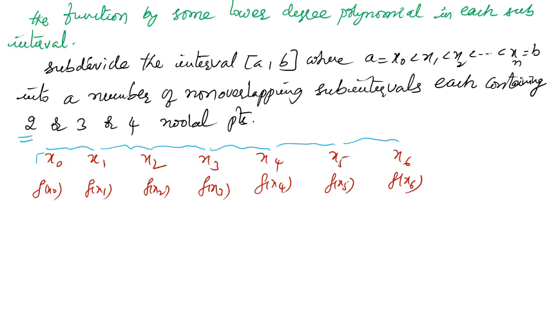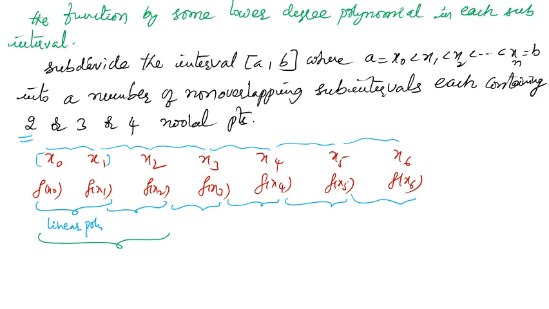If I consider x0, x1, these 2 points give a first degree, linear polynomial. Similarly x1, x2 is linear, x2, x3 linear, x5, x6 linear. If I take 3 points, I get a quadratic polynomial: x0 to x2, then x2 to x4, then x4 to x6.